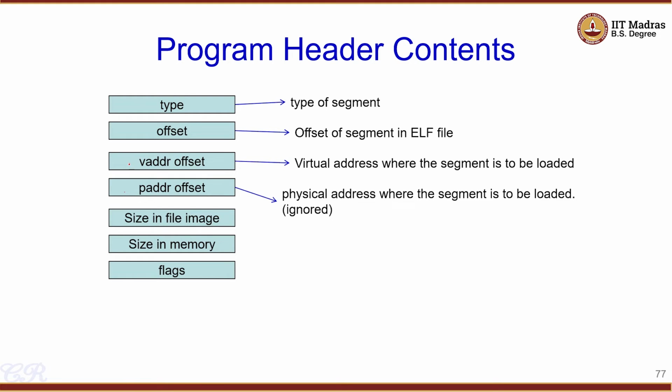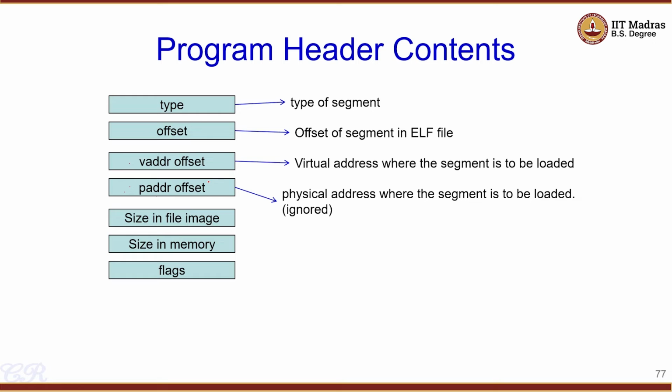So the virtual address offset essentially tells you where the segment needs to be loaded, while the physical address offset specifies the physical address where the segment should be loaded. Notice the difference, right? Typically, if we have an operating system like Linux, this physical address offset is not utilized.